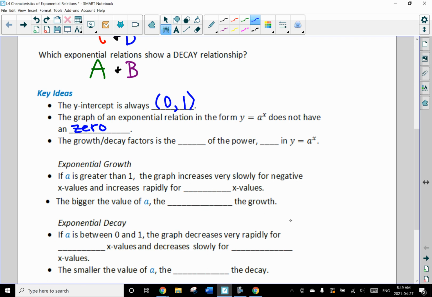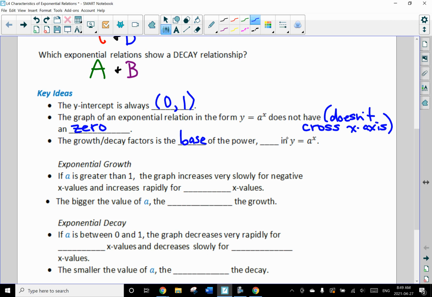Okay, so it never crosses the x-axis. Then the growth or the decay factor is the base of the power.